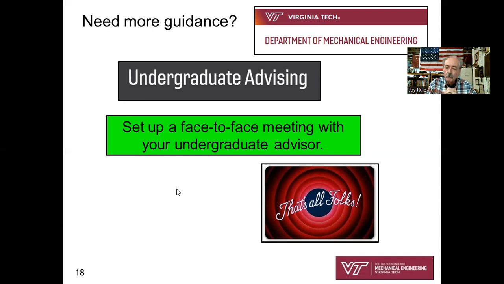I want to encourage you to go see your undergraduate advisor, because help is available at Virginia Tech. Help is available if you're totally lost on those last two examples. I think your undergraduate advisor can get you hooked up with the right people in the right departments to get you up to speed in that area.